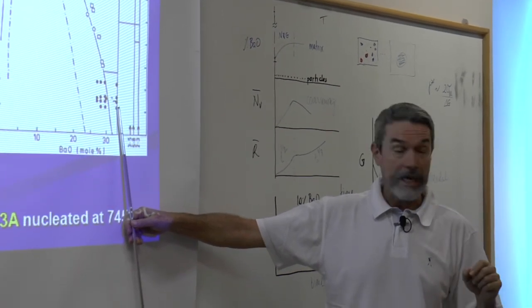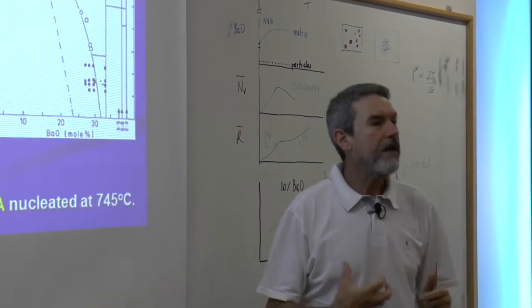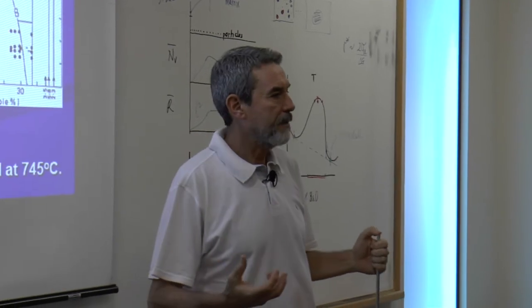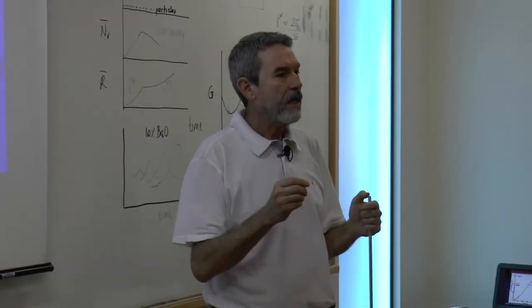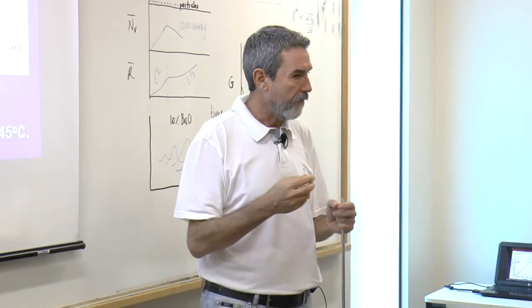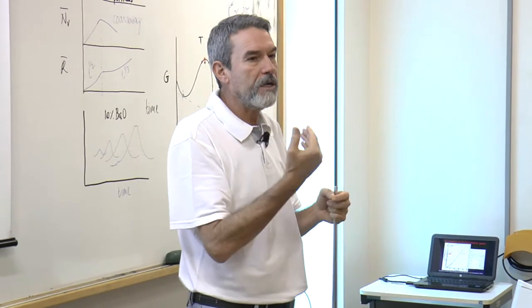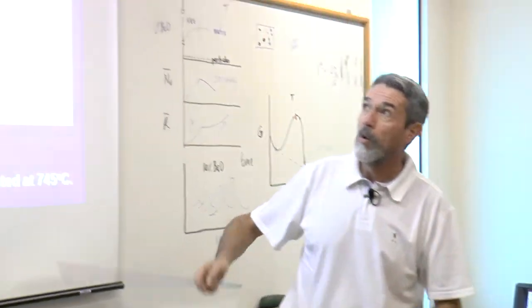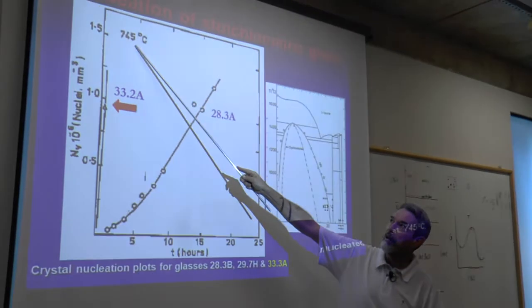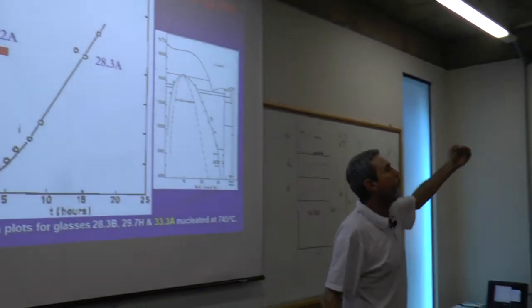The question is, yes, there are induction periods, but our experience demonstrates that these induction times are only measurable close to TG. If you're close to the glass transition, then induction periods are measurable. That's why we have chosen a temperature which is 45 degrees Celsius above TG.